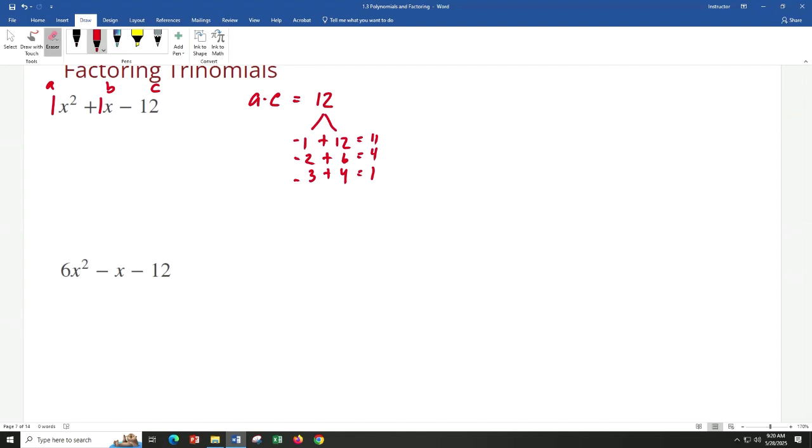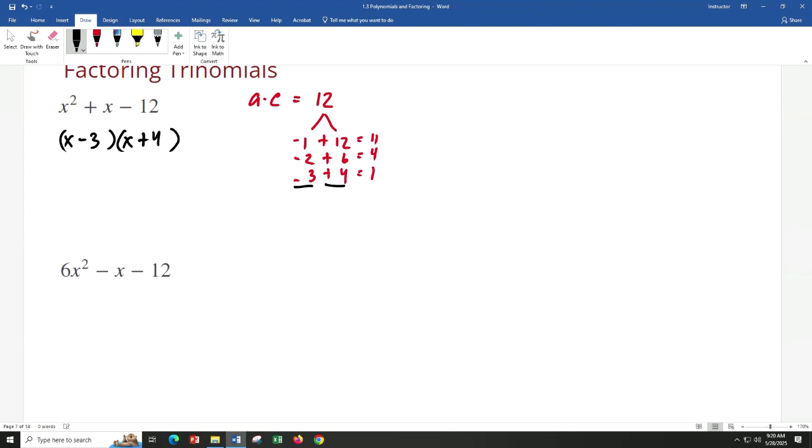Notice, since there is a pretty leading coefficient of 1, I'm going to get rid of some of the mess here. I can literally come right in here and go, okay, I know I'm going to have 2 parentheses. They're both going to have an x because that's the variable we're using. And then notice I have a -3, so let's just put a -3 there. I also have a +4. Let's put a +4 there.